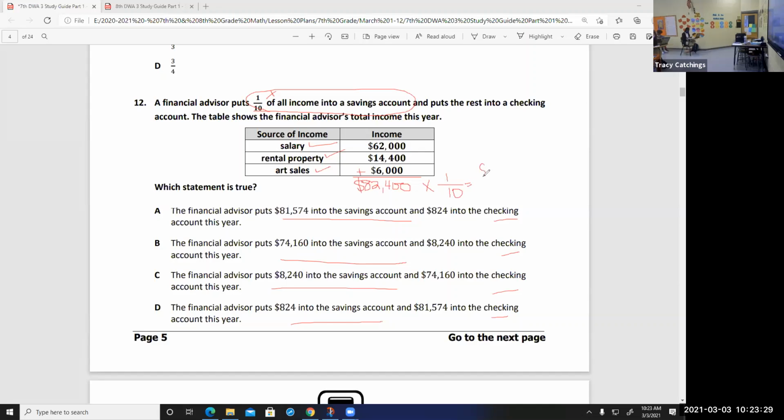Or in other words, we change to 82,400 being divided by 10. All right, so that means 8,240 going into the savings account. C would be the correct answer.